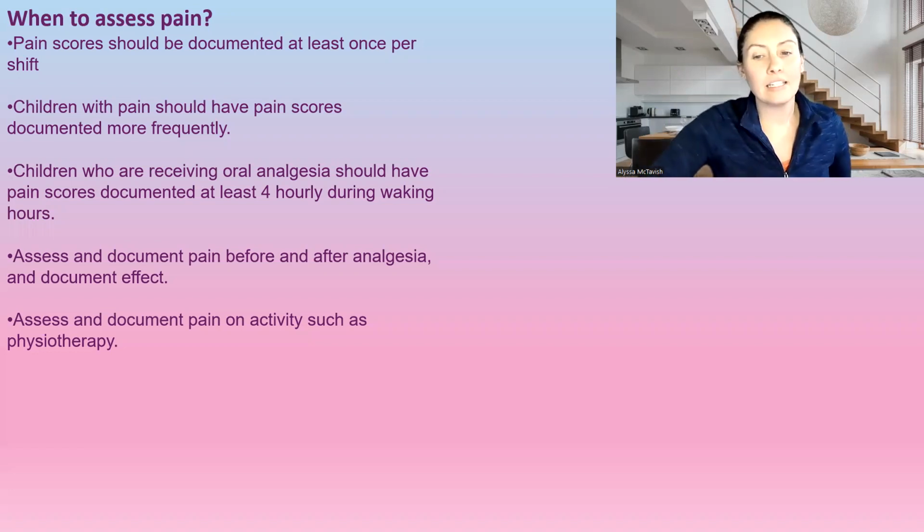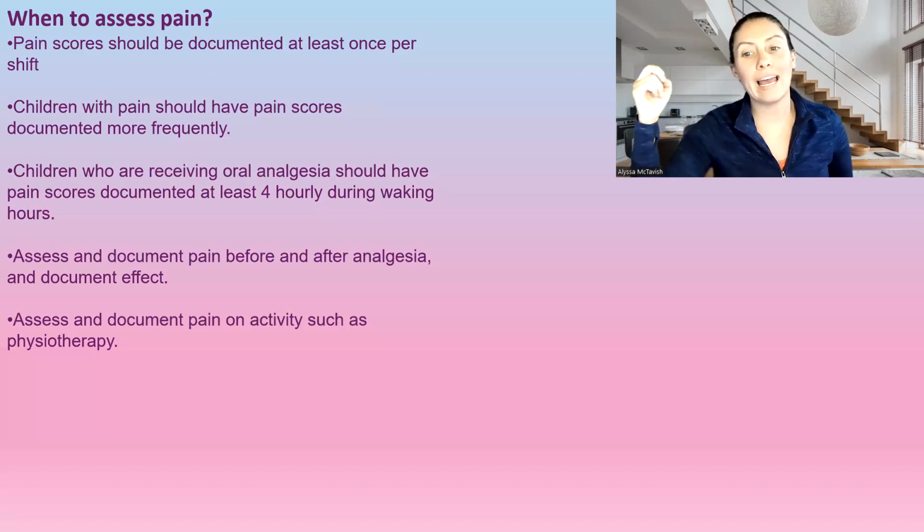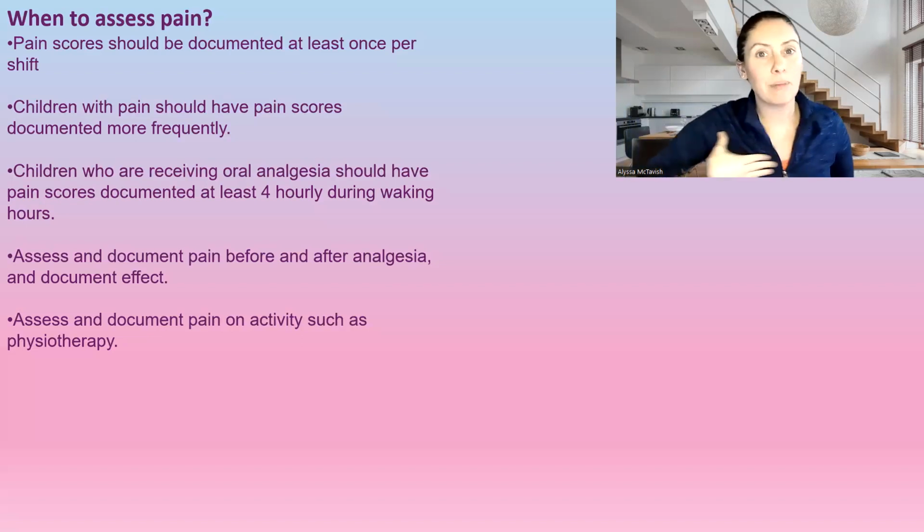Assess and document pain before and after the medication has been given, and document the effect. Are we giving enough? Is it covering their pain? We want to make sure that we are assessing after the medication has been given. Assess and document pain on activities such as physiotherapy. Maybe they don't have pain while they're lying down, but they have pain while they're doing physiotherapy. So we need to be documenting that also.